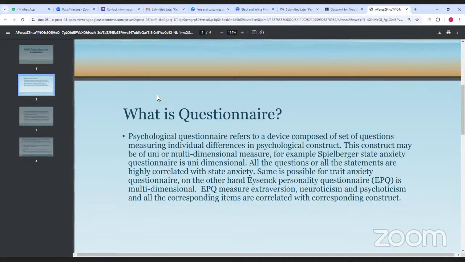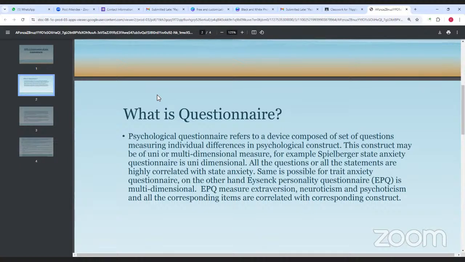What is a questionnaire? A psychological questionnaire refers to a device composed of a set of questions measuring individual differences in a psychological construct. This construct may be unidimensional or multidimensional.